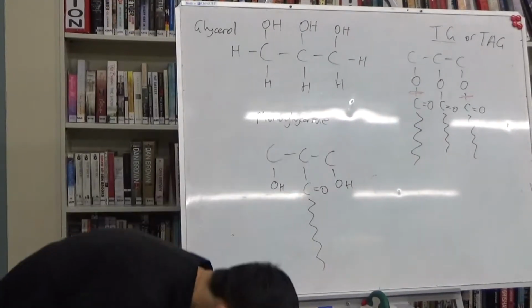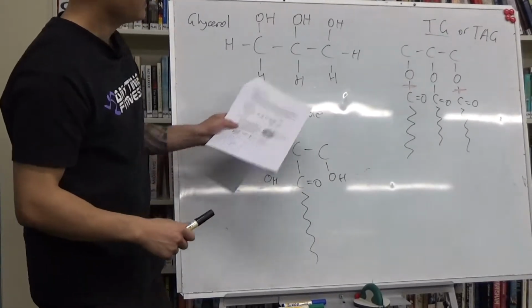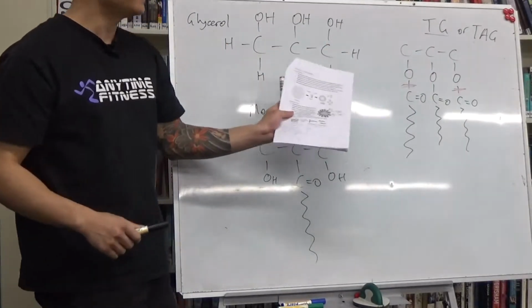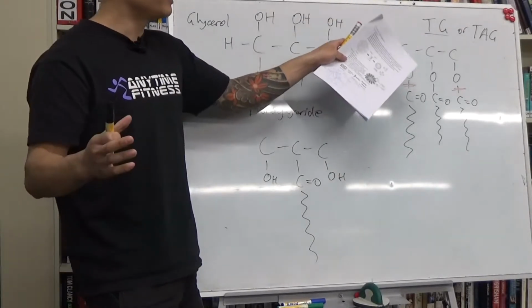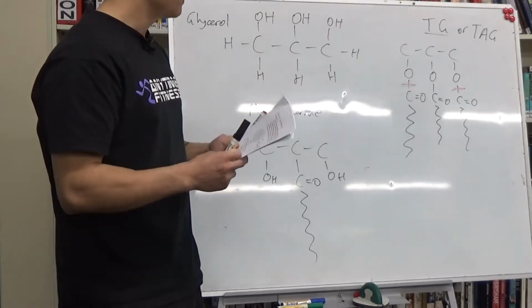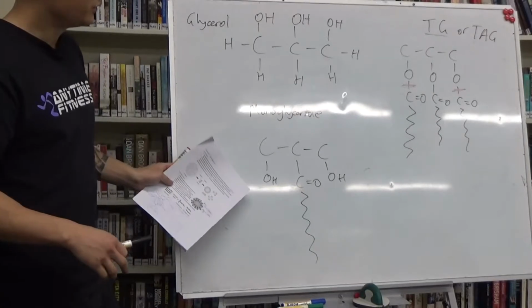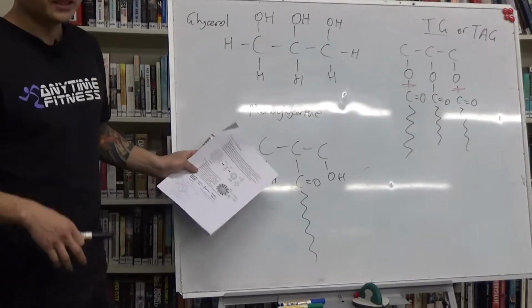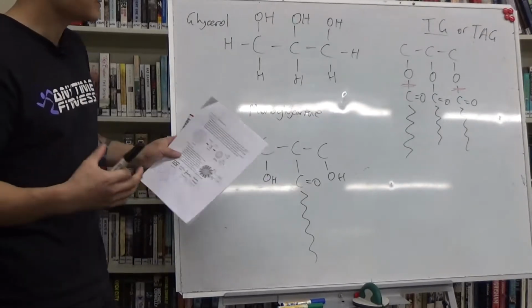The difference between monoglyceride and triglyceride is that triglyceride cannot pass through the intestinal cell membrane because it's too large. But monoglyceride is small enough to diffuse through the cell membrane of the intestinal cell, or the enterocyte.